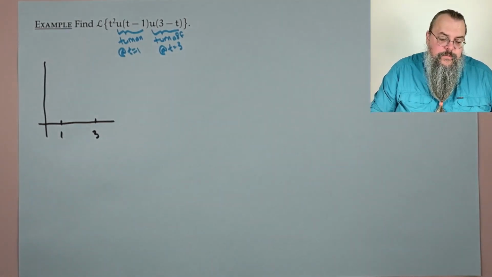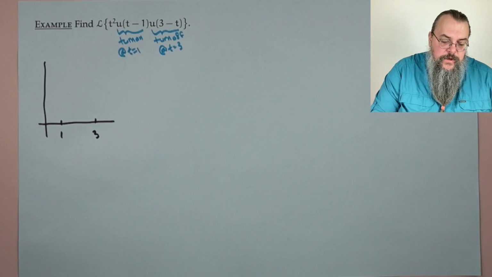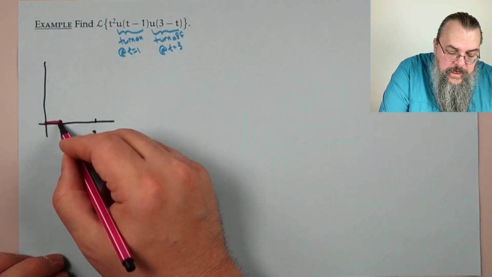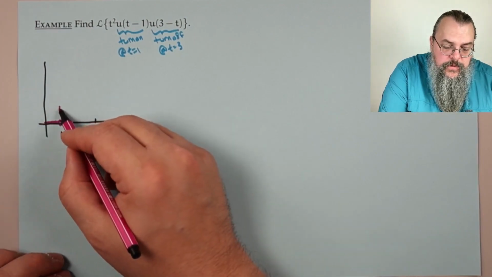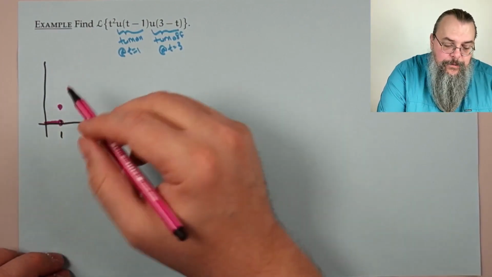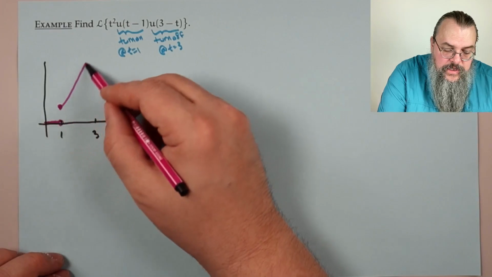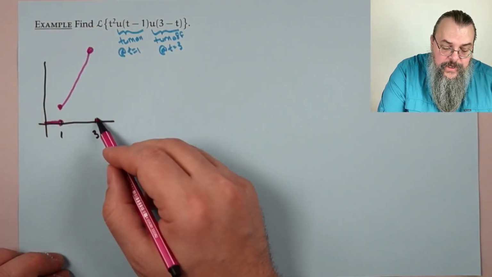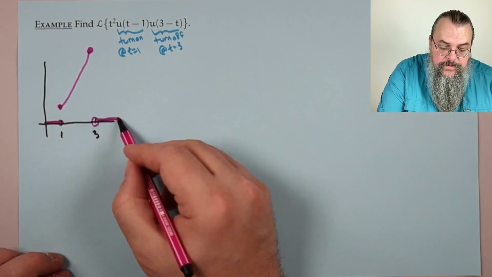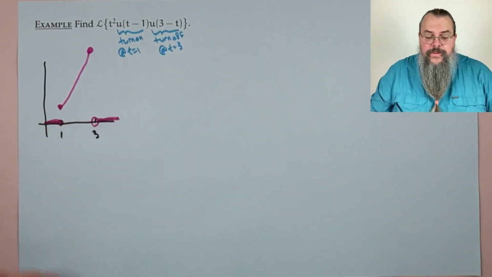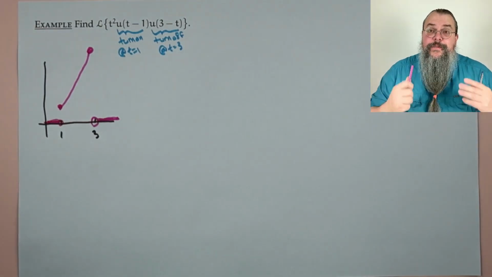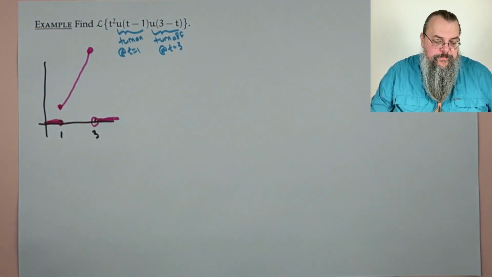So from 0 to 1, we're off. And then we jump to the on position, and we follow t squared up until 3. And then at 3, we're back off. Okay, so there we go. That's the function we're trying to take the Laplace transform of. It's a visual way to represent it.